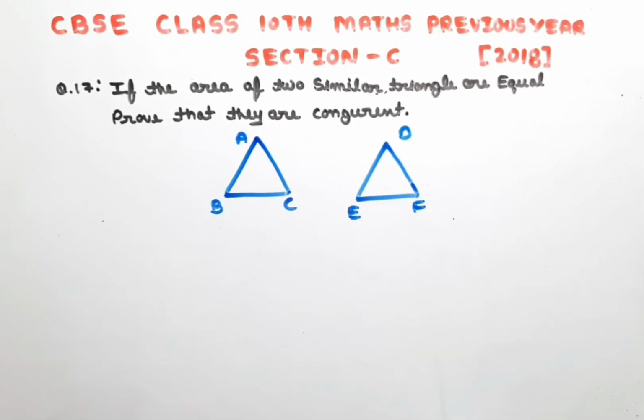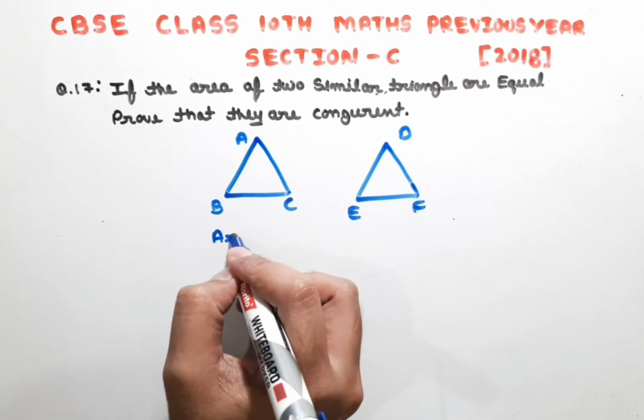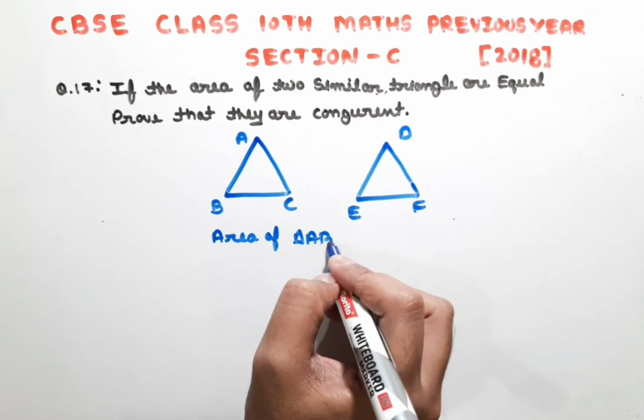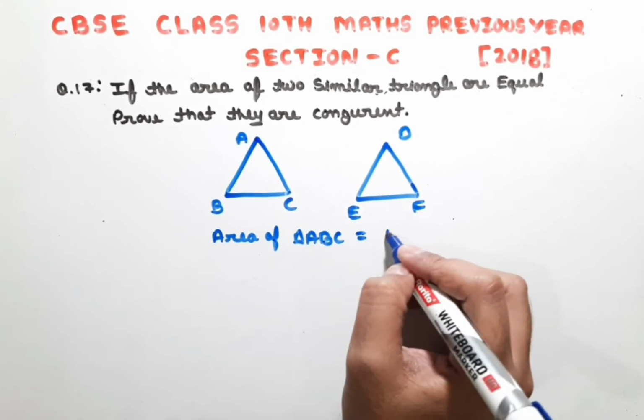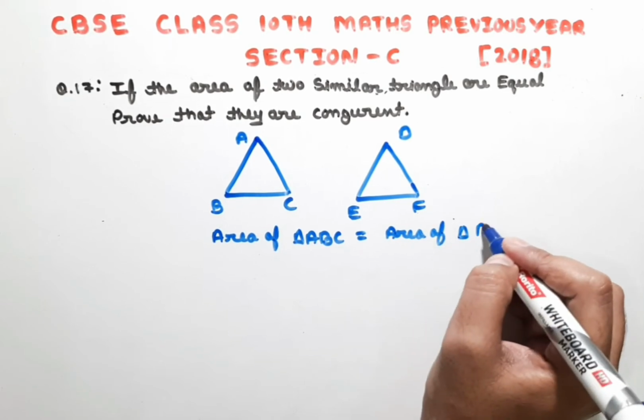We have given the area of both the triangles are equal. So, given area of triangle ABC is equal to area of triangle DEF.